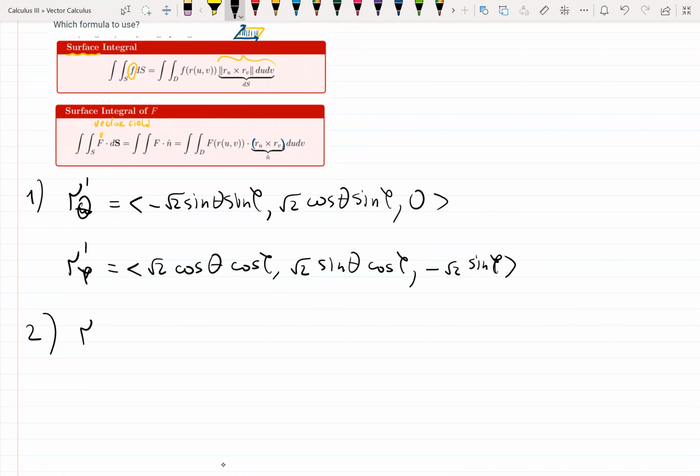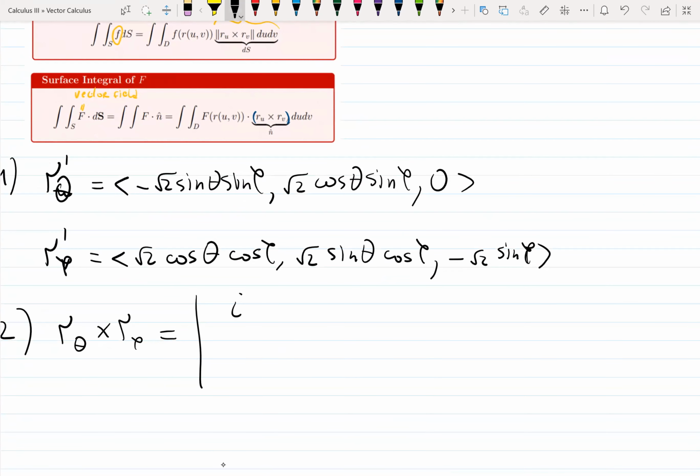Step 2, R theta cross product R phi is i j k, and I cannot even write down j k because it will take lots of space. Minus square root of 2, and that's why I would just do it right away, like so. Sine phi, skip, square root of 2 cosine theta sine phi, skip, 0, j k.